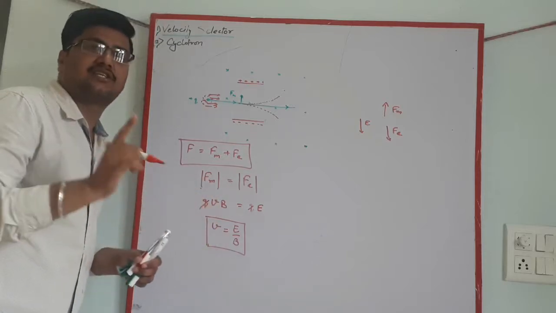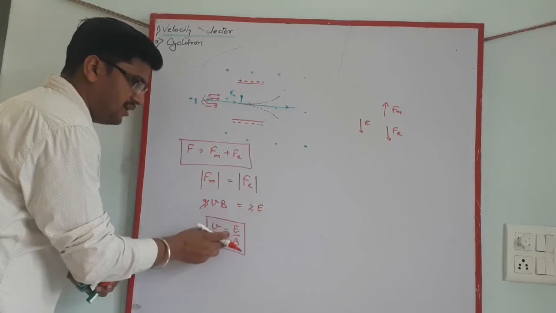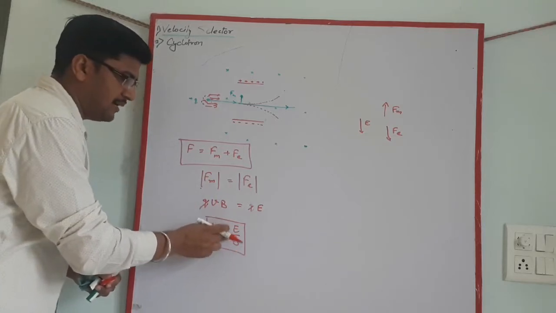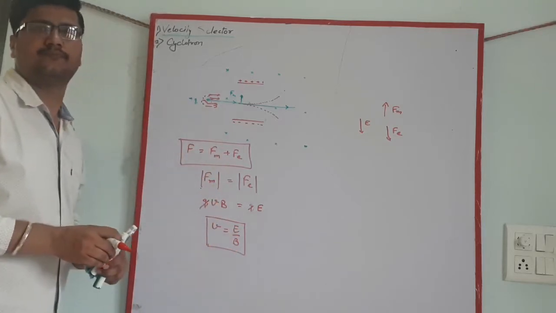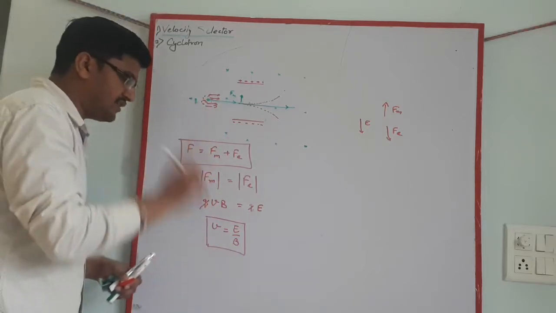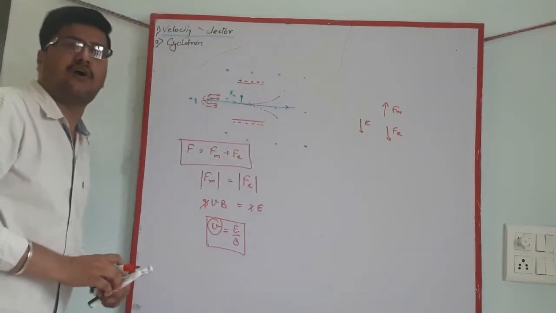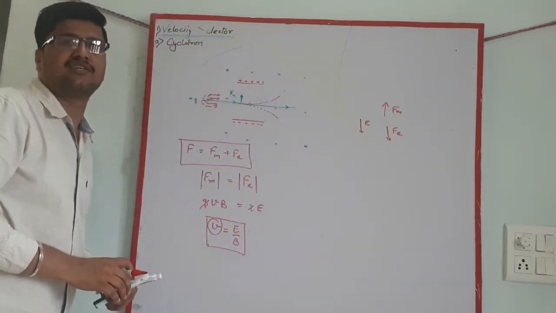To select the charge of a particular velocity, we set the values of E and B such that the ratio of E and B becomes equal to that velocity. Under that condition, only those charges which have this velocity will pass undeviated and all the rest of the charges will show deviations.